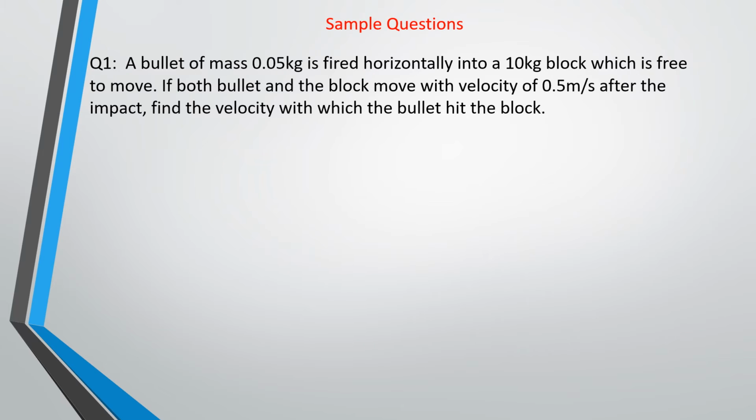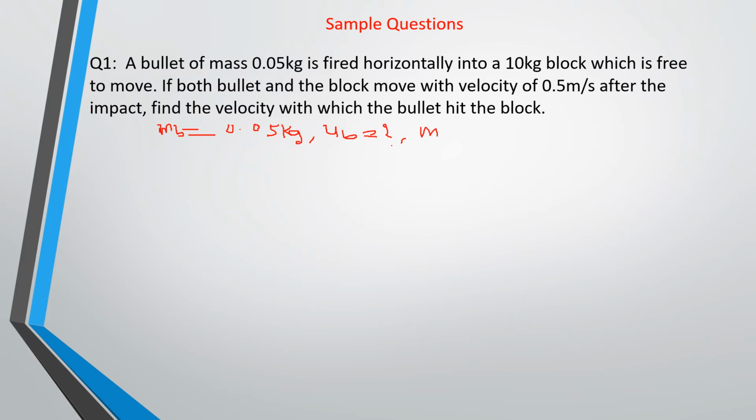Once you are able to do that simple analysis, you can bring out the information that you are given. This is MB, the mass of the bullet, that's given to you: 0.05 kg. The initial velocity of the bullet is what we don't know. It's what they're asking you to look for.